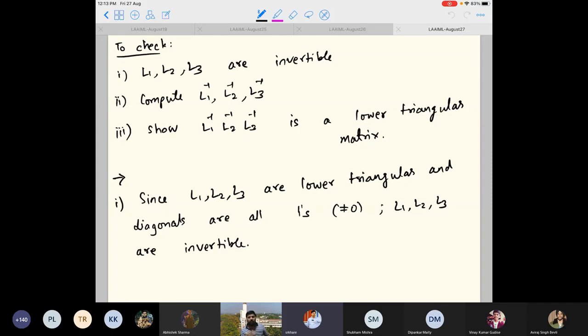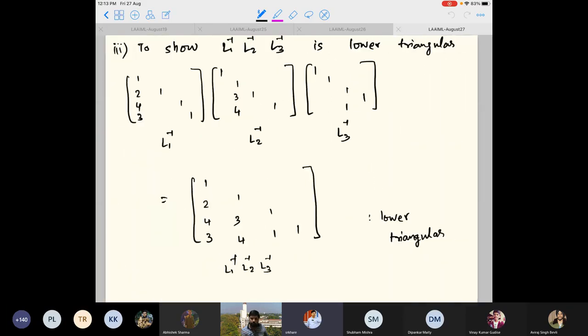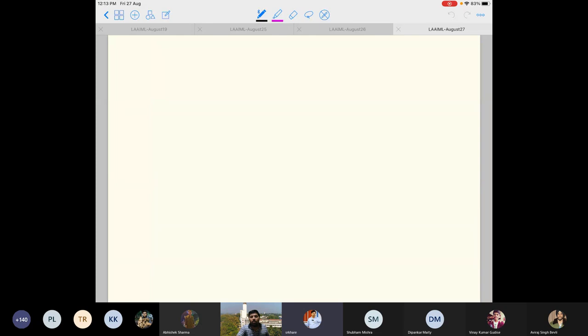Here it was easy, it was only a 4x4 case. But in general, how are you going to see that this is really going to happen for every invertible matrix? So let us write down those formulae also. Okay, so general formulas. Let us write down general formulas.